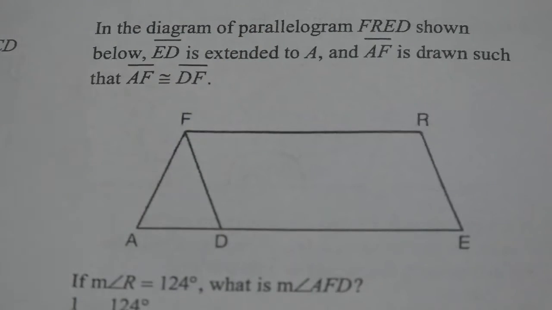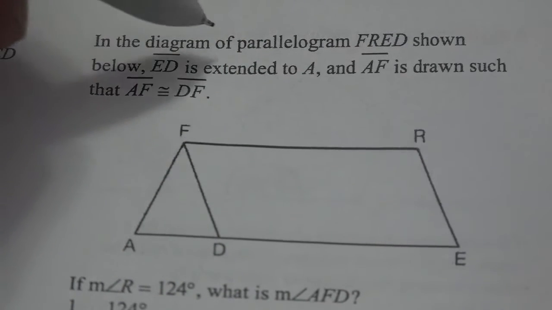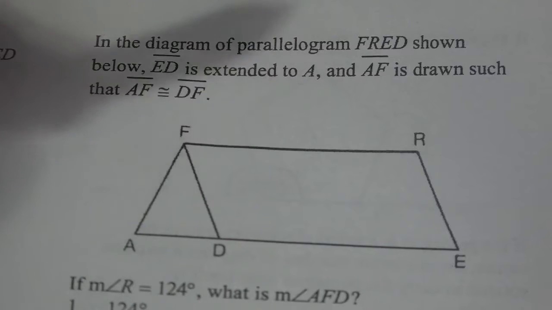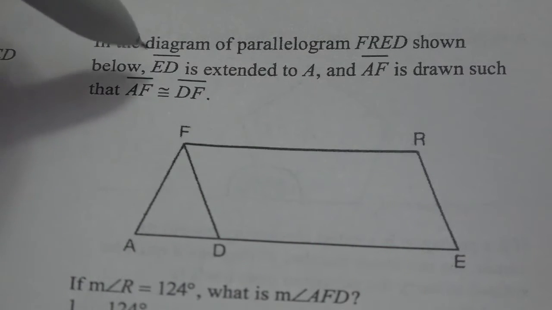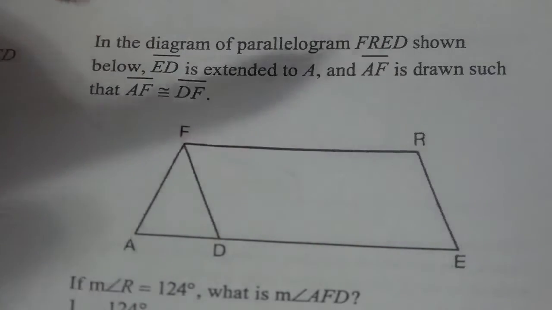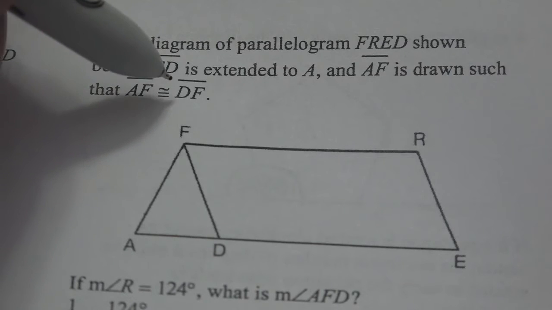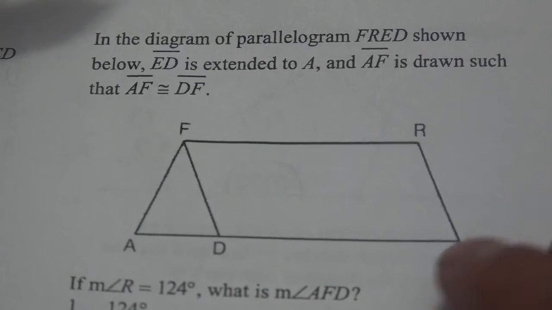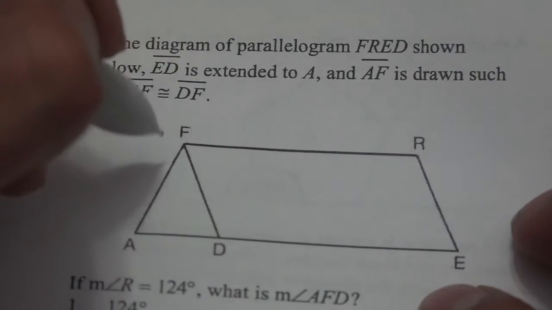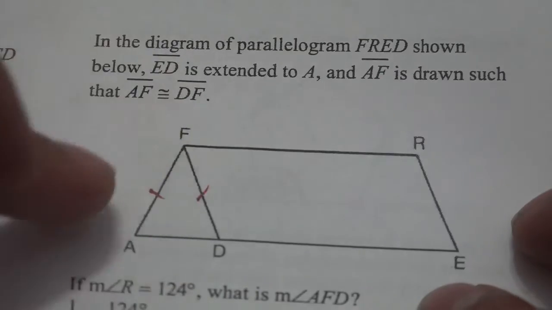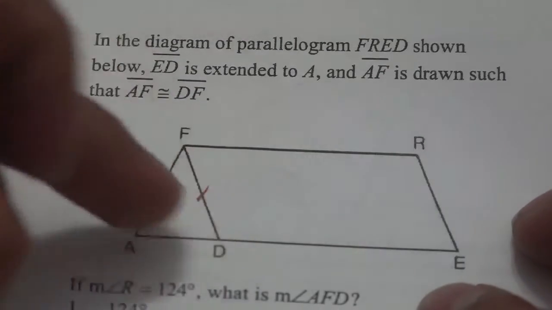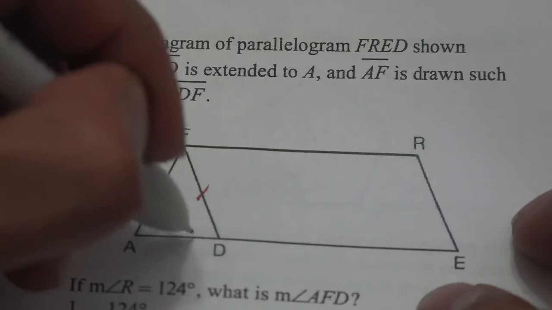Now we're talking. In the diagram of parallelogram FRED, shown below, ED is extended to A, and AF is drawn such that AF is congruent to DF. Okay, so what? AF is congruent to DF. Automatically, we know that it creates an isosceles triangle, and therefore this angle and this angle are congruent.